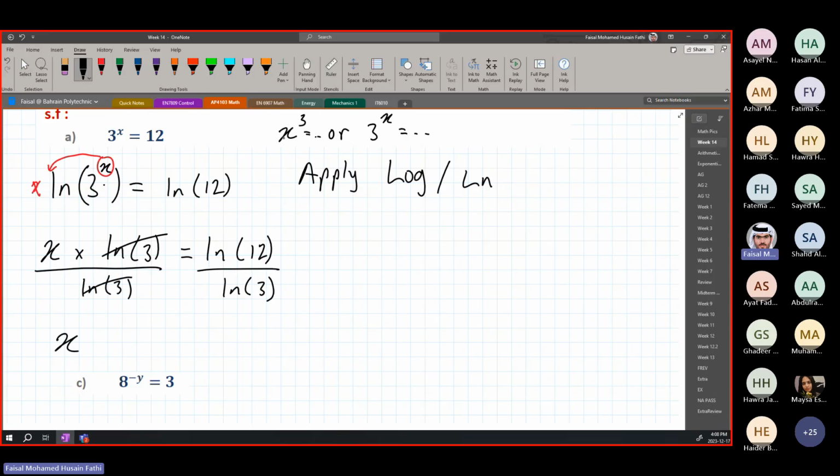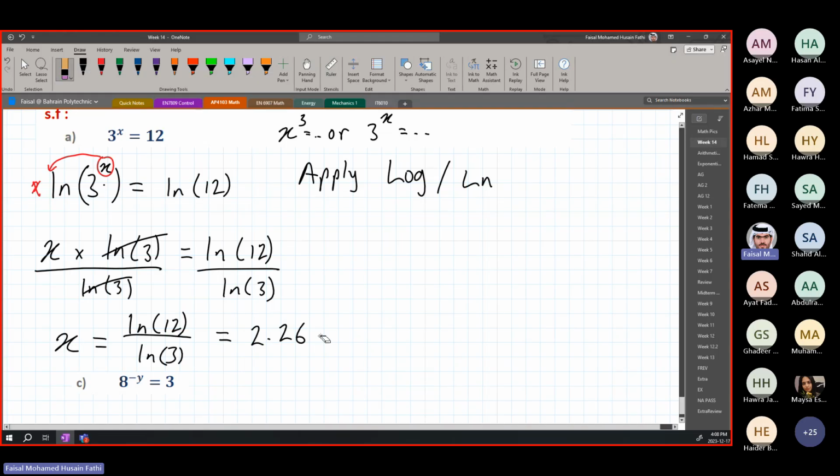And we will be left with x is equal to ln of 12 divided by ln of 3. Put it in the calculator: ln 12 divided by ln 3. It's going to give 2.262. Actually, it's not going to give that. It's going to give 2.26.